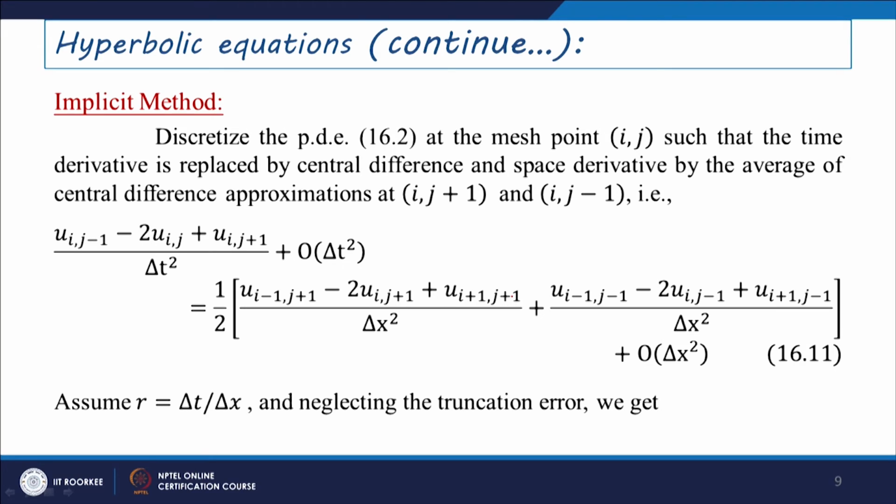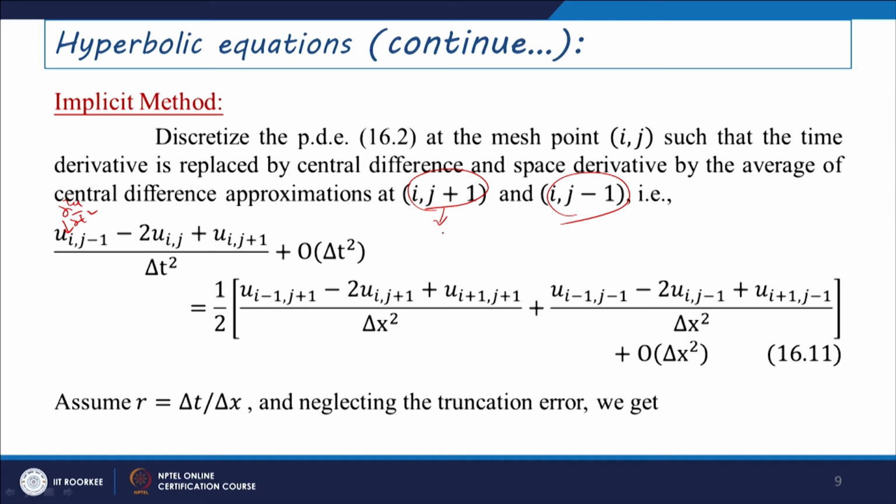So, if you just take this time difference as the central difference approximation, that is nothing but del square u by del t square, in the form of u i j minus 1 minus 2 u i j plus u i j plus 1 by del t square plus order of del t square here. This equals, if you take the average at 2 different points, at i j plus 1 point and i j minus 1 point, we can write these u terms in the form of i j plus 1 point.